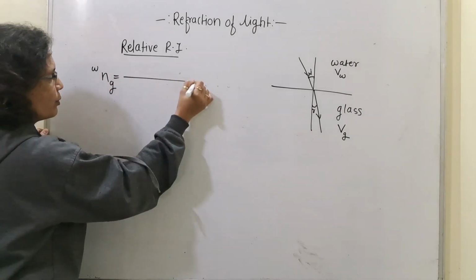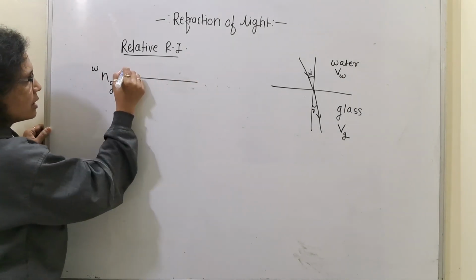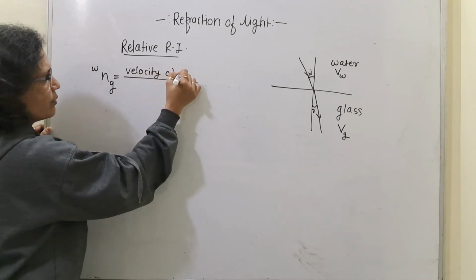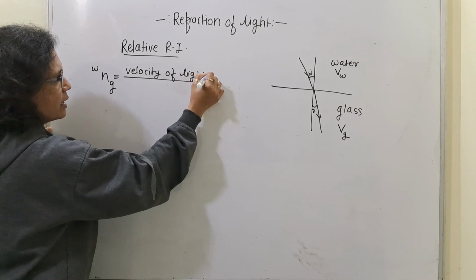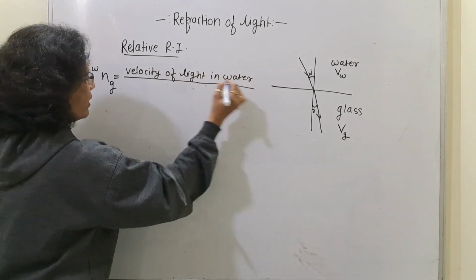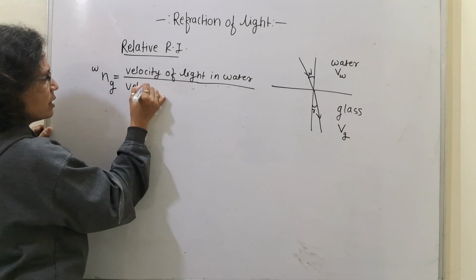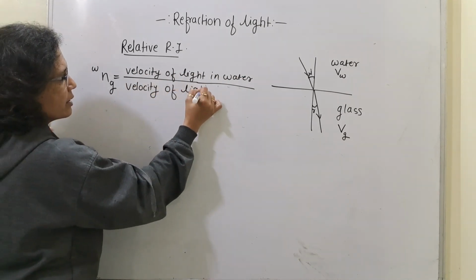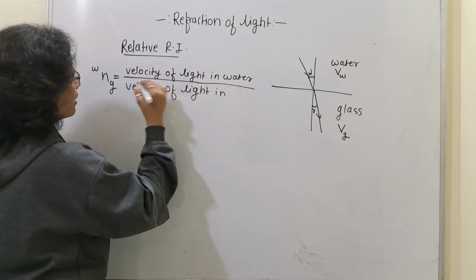And what will be the formula? Velocity of light in water divided by velocity of light in glass.